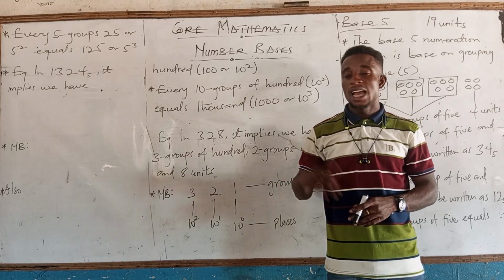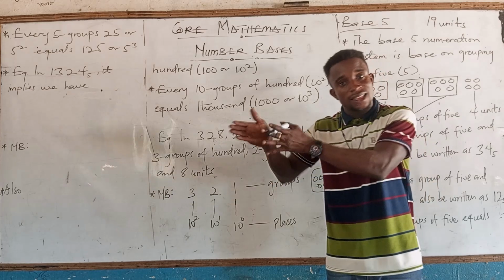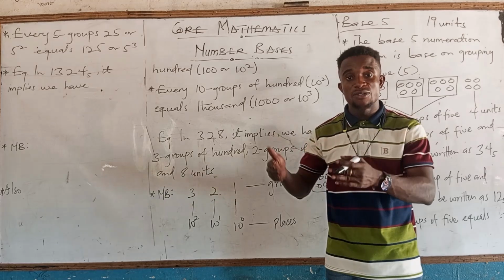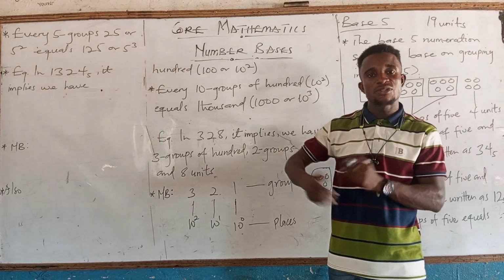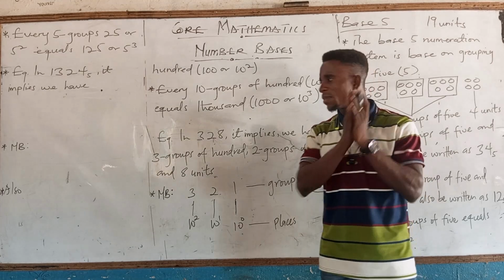Are we getting that? And when that 10 gets to 10, we have 10 groups of 10, which proceeds to 100. And when that 100 gets to 10, it proceeds to 1000.